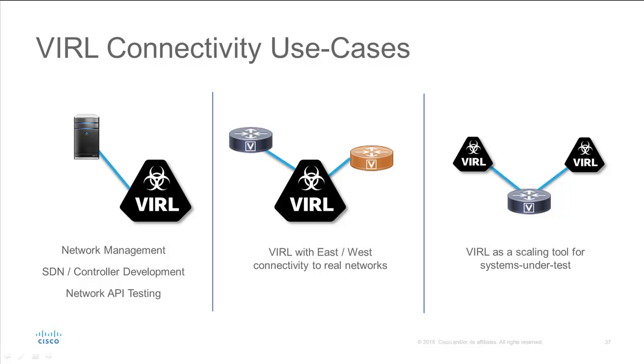The third use case is perhaps where you have a system that you want to test. Say you want to test the new features on a new hardware platform. You don't have the funds to purchase a large number of these, but what you can do is take that device under test and surround it with one or more VIRL simulations so that from its perspective, it's connected in the midst of a very large network.